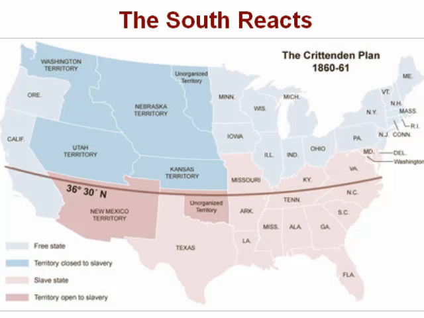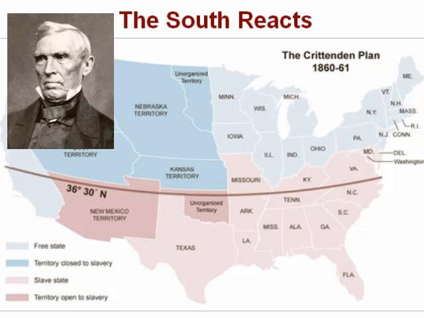So as a last-ditch effort, Senator John Crittenden of Kentucky proposed an amendment to the Constitution that would make the Constitution itself unamendable, or unable to be changed. So if the Constitution could never again be changed, then slavery would be legal forever below the Missouri Compromise line and the Compromise of 1850.